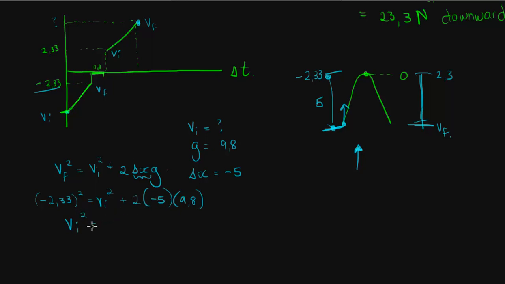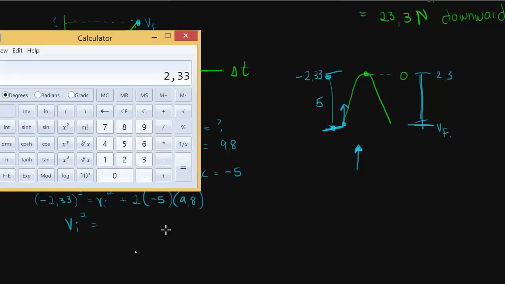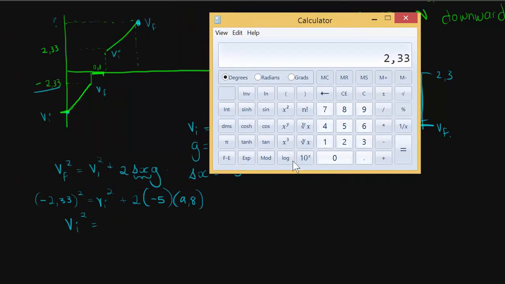So initial velocity squared then is equal to, so it's that point, 0.2,33 squared. You see, I didn't put in the negative because when I'm going to square it, it's going to anyway just multiply away. But it's probably best just to keep it there. Then this is going to be subtracted on the other side, but it's going to be negative already. So when it's subtracted this side, it's going to be added on the other side.